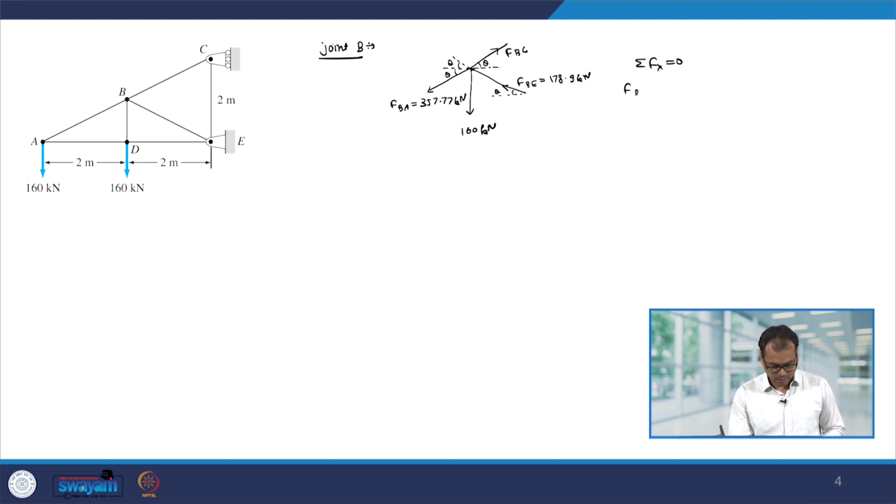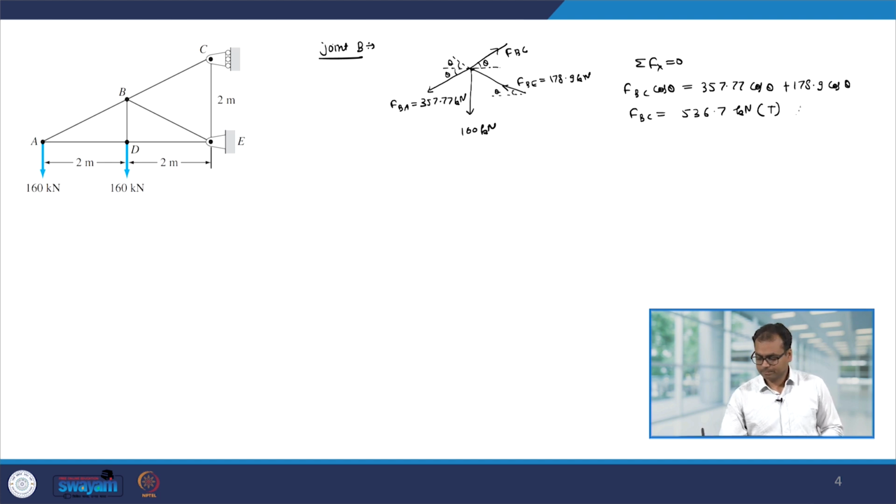So, we have FBC cos theta equal to 357.77 cos theta plus 178.9 cos theta. Now, cos theta you can already find out. So, FBC will be 536.7 kilonewton and it will be the tensile force. So, now let us look at the last joint, which is joint C.